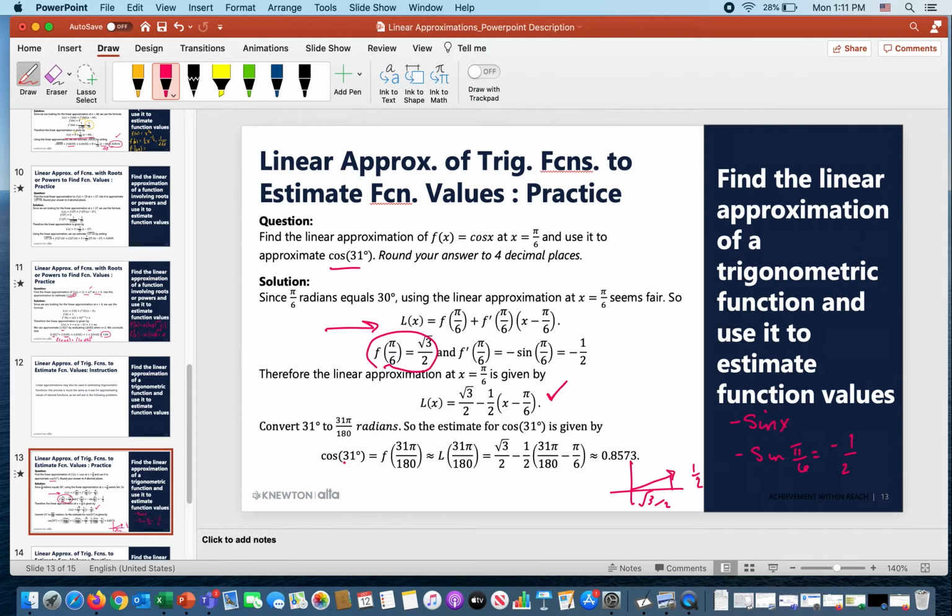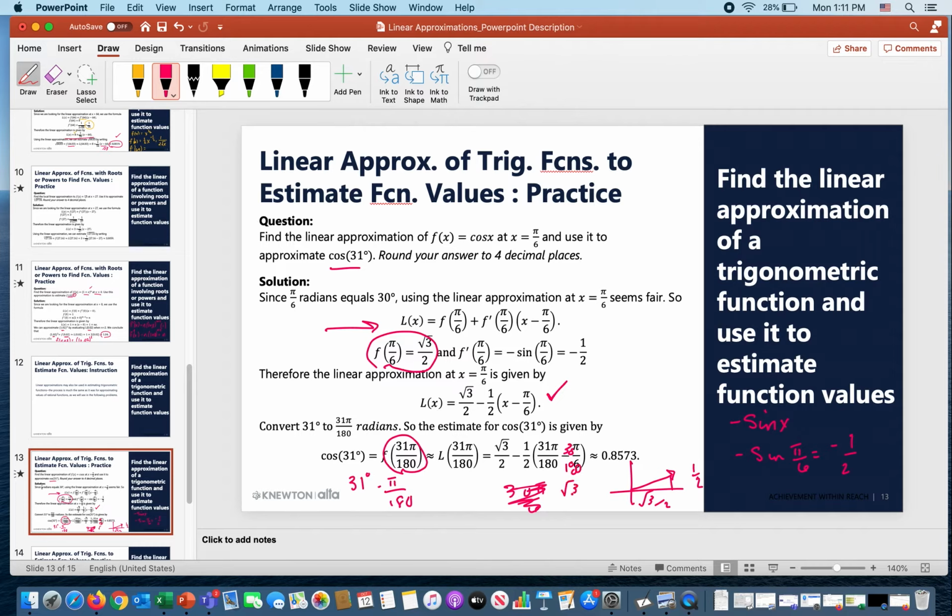If I go in, I can look at what is the cosine of 31 degrees. So this thing here, 31 pi over 180, that's how we convert an angle to radians. We take whatever that angle is, and we multiply it by pi and divide by 180. Now, when you do this, you're going to get 30 pi over 180, because I have to get that common denominator.